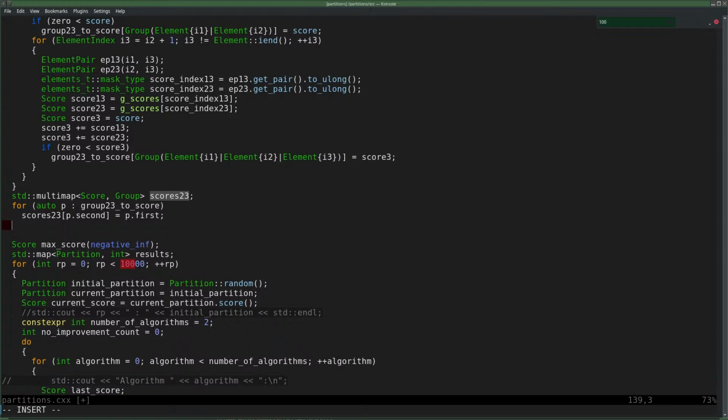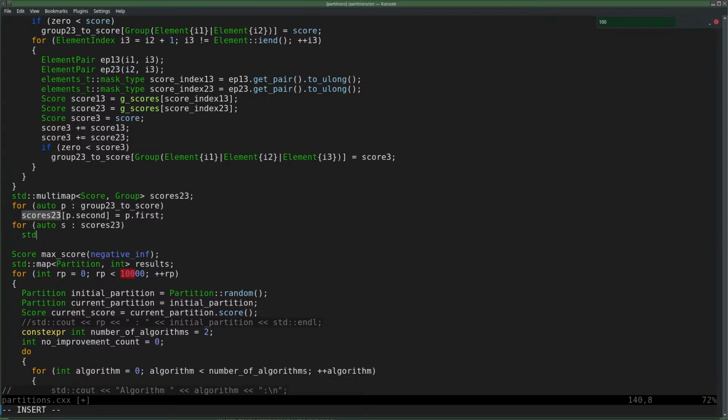Well, then let's print that as well, so we know that we didn't do something completely wrong. And S, run over all the score 2 3s, and I'm printing it.